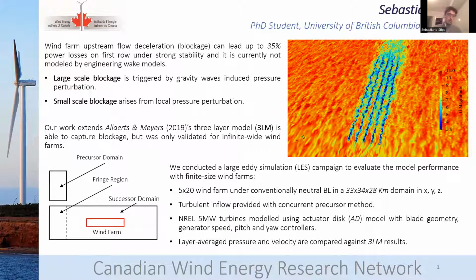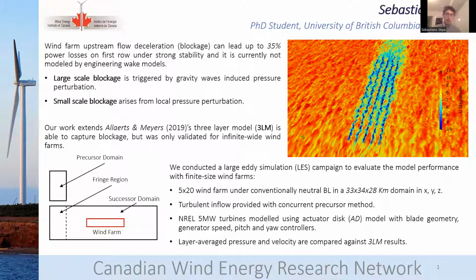We simulated a 5x20 wind farm under a conventionally neutral boundary layer in a 33x34x28 kilometer domain, gathering statistics of wind turbine variables such as thrust and power, but also atmospheric boundary layer properties such as the velocity field averaged in the vertical direction. I will explain why it must be averaged when I talk about the 3-layer model.